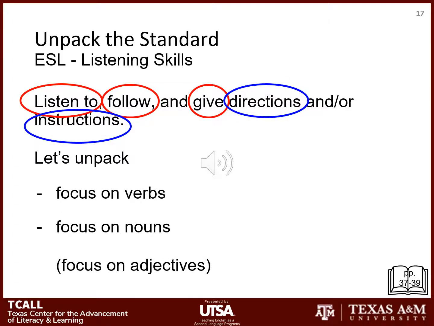Finally, notice here below in parentheses, I've put focus on adjectives. So in this particular standard, there are no adjectives, but oftentimes adjectives and adverbs have been included in standards that help to emphasize the particular area in which the standards writers were directing teachers to think about in terms of learner outcomes.